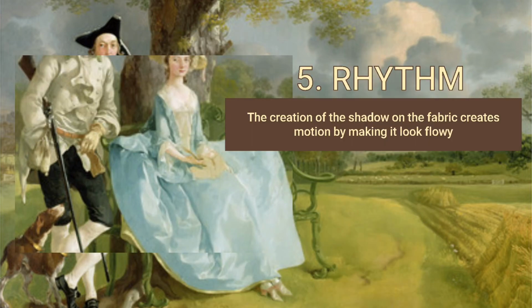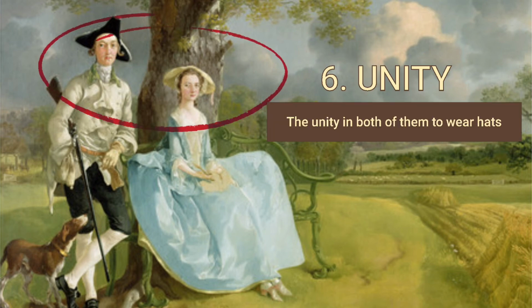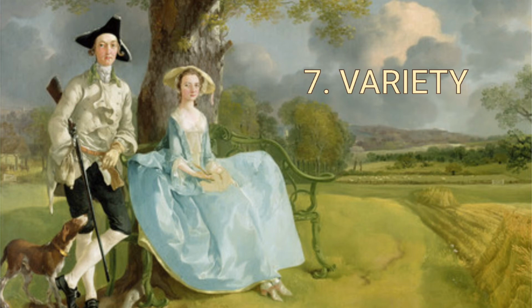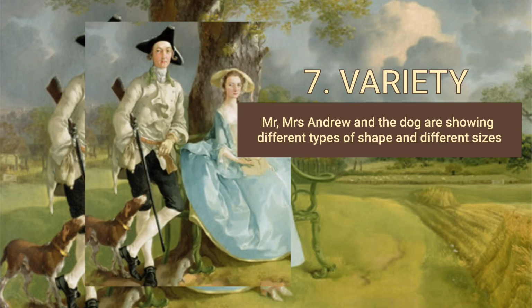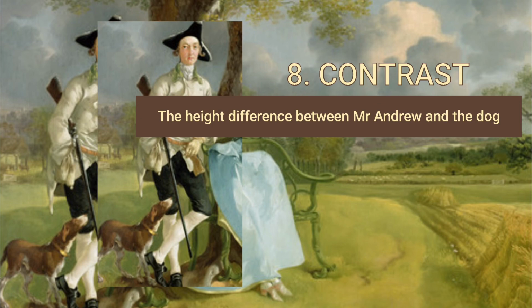Rhythm. The creation of the shadow on the fabric creates motion by making it look flowy. Unity. The unity in both of them wearing hats. Variety. Mr., Mrs. Andrew and the dog are showing different types of shape and different sizes. Contrast. The height difference between Mr.